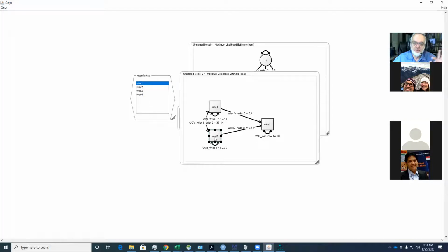There's a trade-off. In other words, if I adjust WISC1 and WISC2 for measurement error, maybe I'm going to make this covariance bigger than it ought to be. And because that's bigger than it ought to be, these regression weights are going to be smaller than they ought to be. Or I'm not going to be affecting this covariance so much, and I'm going to be getting inaccurate estimates of the regression weights.